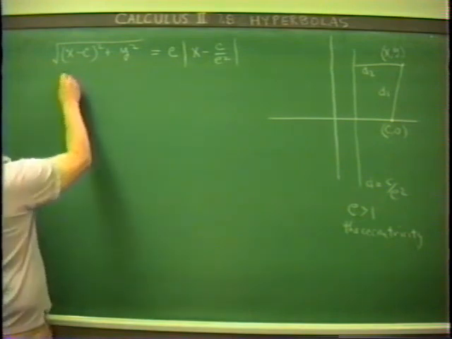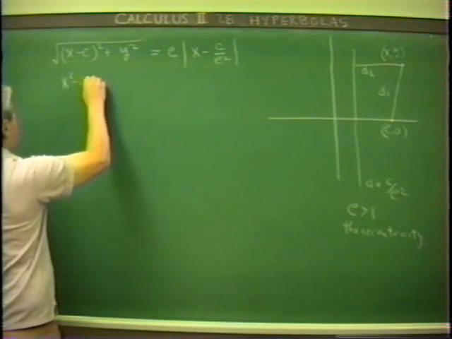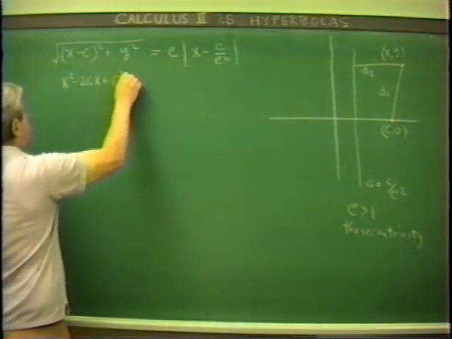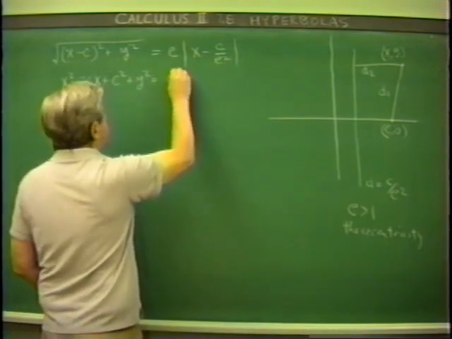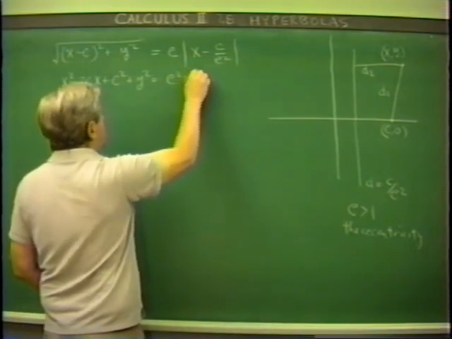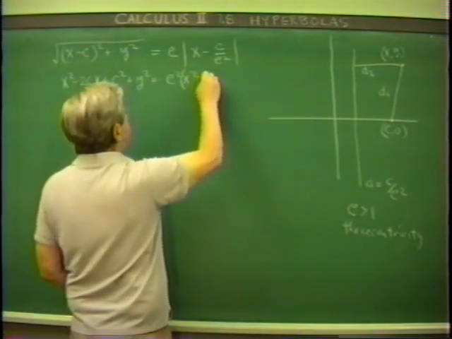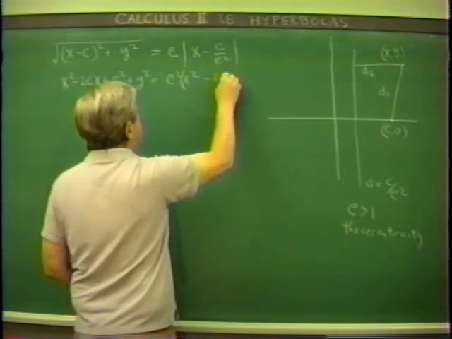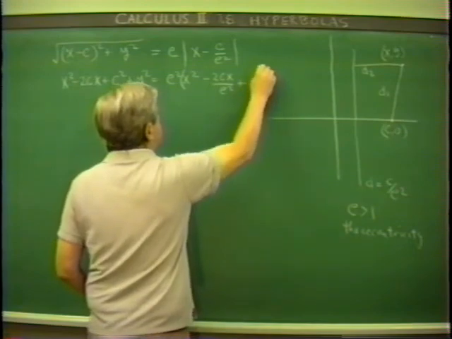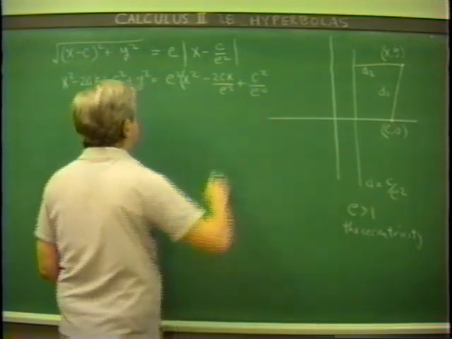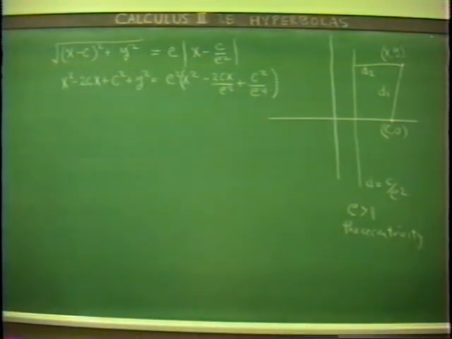Okay, we want to get this in a better form. Squaring both sides, we get x squared minus 2cx plus c squared plus y squared is equal to e squared times x squared minus 2cx over e squared, squaring this, plus c squared over e to the fourth.